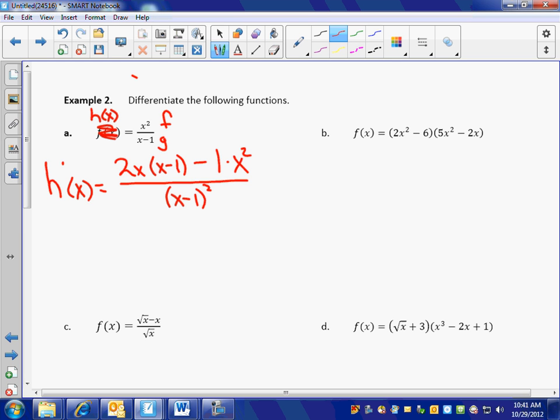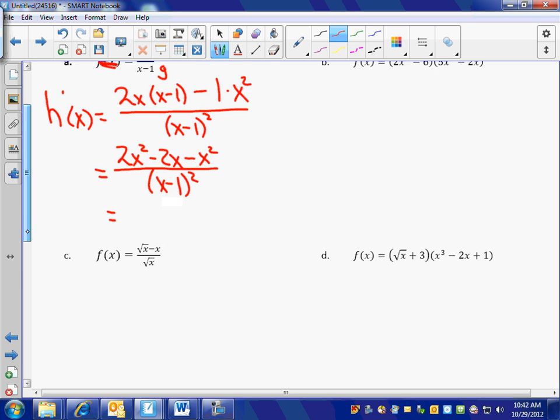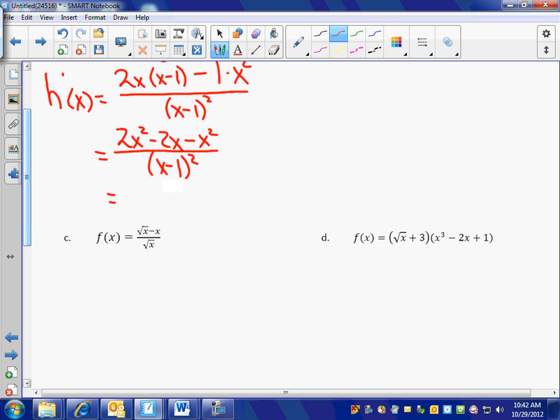Now we just simplify the top and we look to see if something would cancel. So let's look at the top here. I've got 2x times x minus 1, and so I have a 2x squared and a minus x squared that will reduce to x squared minus 2x over x minus 1 quantity squared.